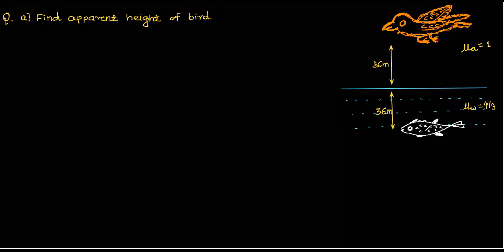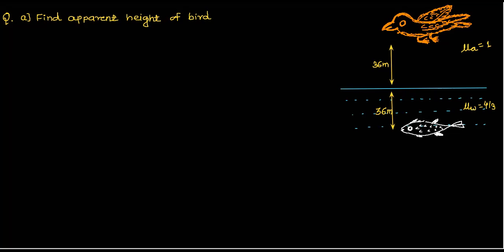For the fish. The fish is going to look at the bird. So at what height is the bird there? Who should understand? The fish should understand. So this should be with respect to the fish. Keep it in mind. Second one, find the apparent depth of the fish. This is with respect to whom? With respect to the bird, because the bird is going to watch that.